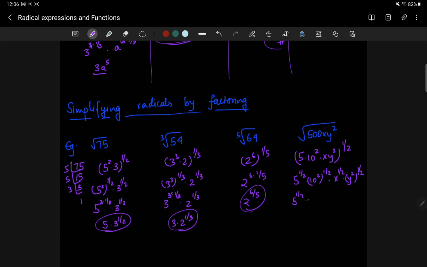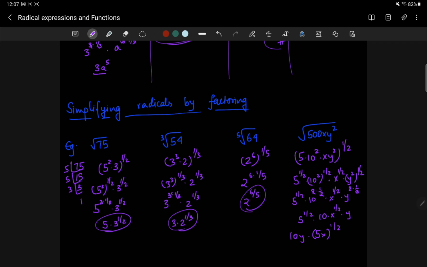That's 5 to the 1 half, 10 to the 2 times 1 half, x to the 1 half, y to the 2 times 1 half, which is 5 to the 1 half times 10, x to the 1 half times y, or 10y times 5x to the 1 half.